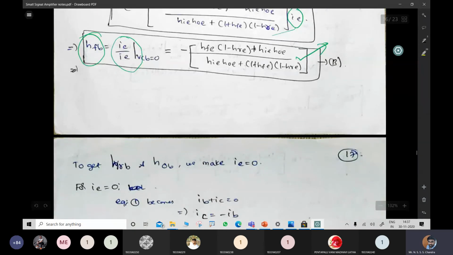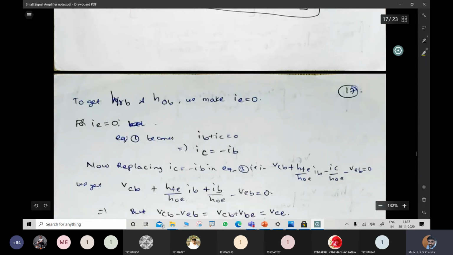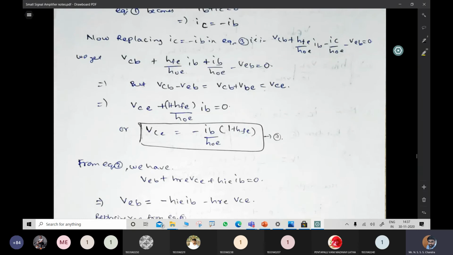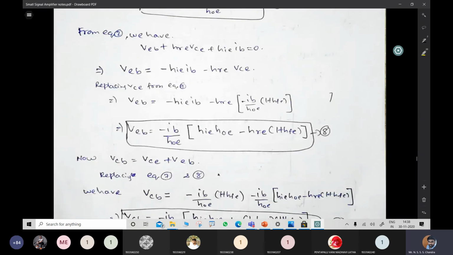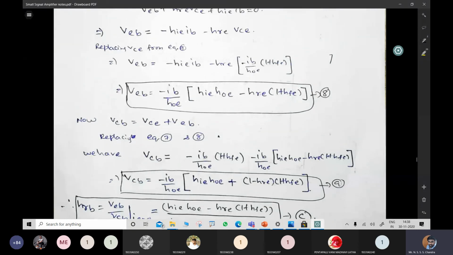Now, what we have done is, when VCB equals 0, we have derived the HIB value and HFB value. Similarly, if you keep the input current IE equal to 0, we may again get the relationship for HRB and HOB.